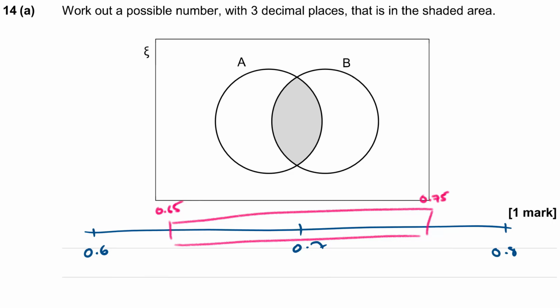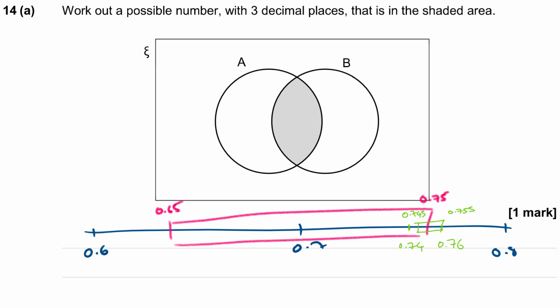But let's consider the numbers that round to 0.75 to 2 decimal places. One number down on the scale would be 0.74, and one up on the scale would be 0.76, and the numbers that then round to 0.75 are going to be the ones halfway between those. So the ones that are bigger than 0.745 or smaller than 0.755.